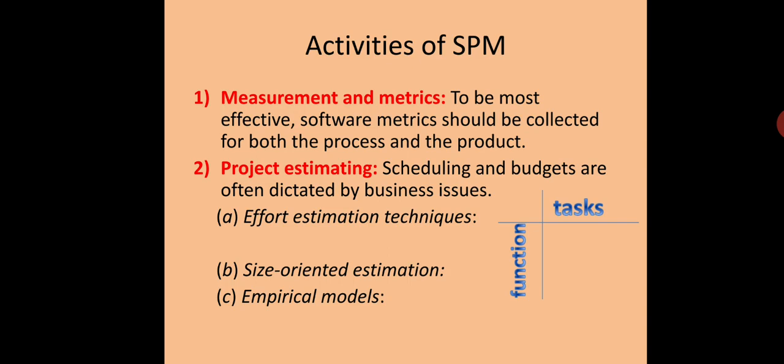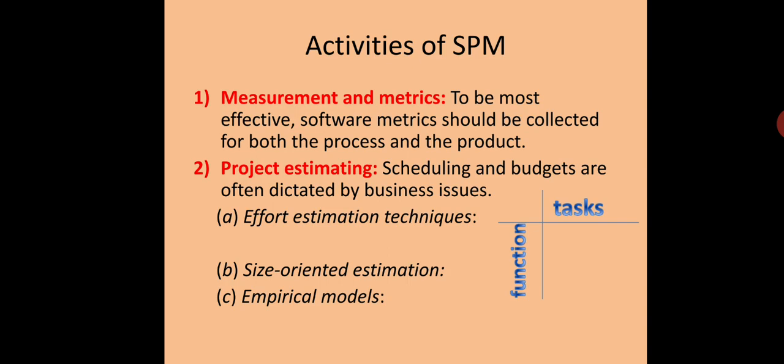This can be measured using models which are used during analysis, design activities, or testing of data, so that you can come to know the quality of a given product. It can also highlight the technical characteristics of a given product or software. So this was the first activity of SPM.